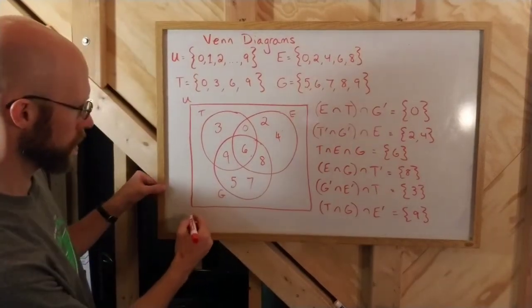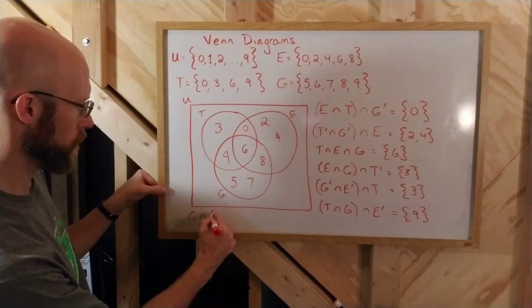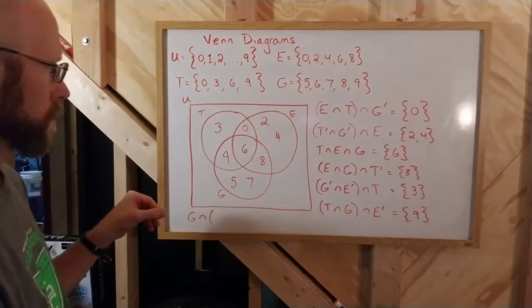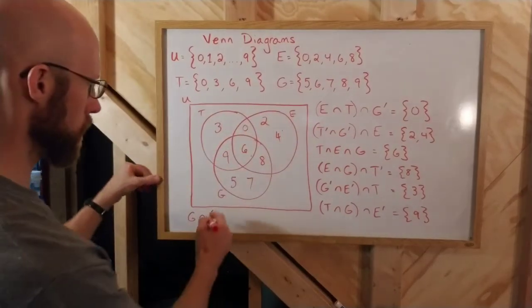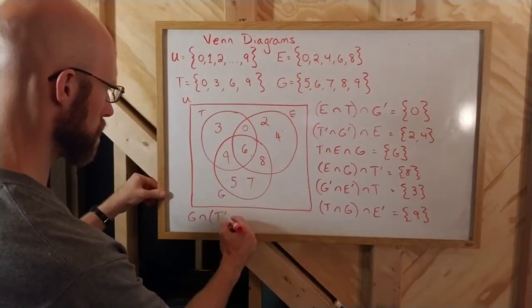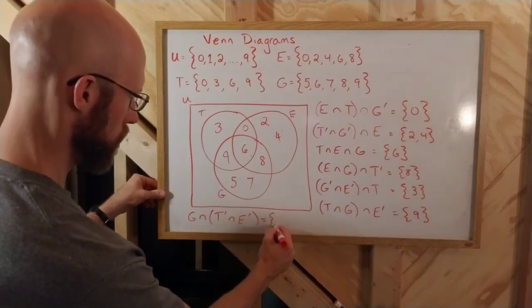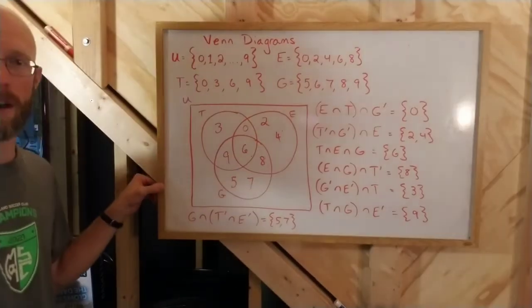Write that up down here. That's going to be in G, G intersected with not T and not E. So that would be T complement intersect E complement. And that's a set containing 5 and 7.